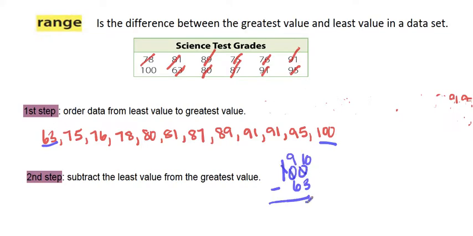And when I do that, I end up getting 37. So the range of my data for these science test grades is 37, the greatest value minus the least value in the data set. Pretty easy to find the range, right? That's a measure of spread from one edge to the other edge.